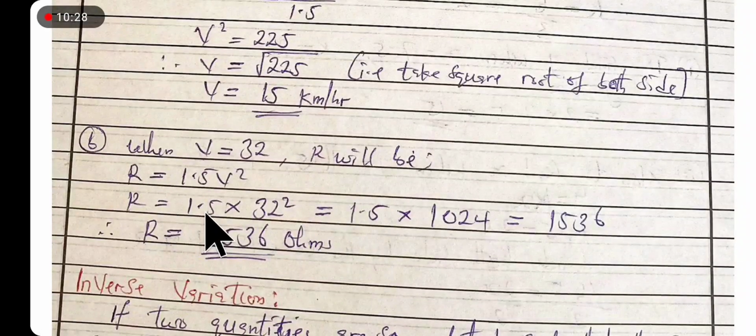R will be equal to 1.5 times 32 squared. That is 32 times 32 is 1024. And then 1.5 times 1024 is going to give us 1536. So therefore our R is 1536 ohms.